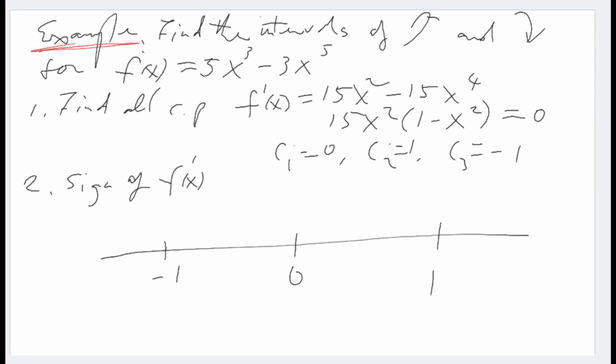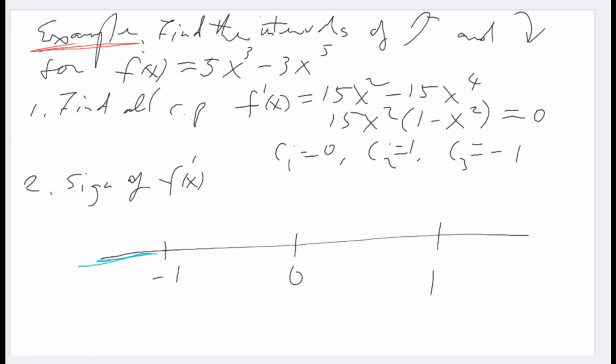So for example, if you're going to test out this section, you pick a value on the left side of negative 1. For example, you pick negative 10, negative 5, negative 1.2, negative 1,000. Any number on this side is fine. Let's just pick negative 10.